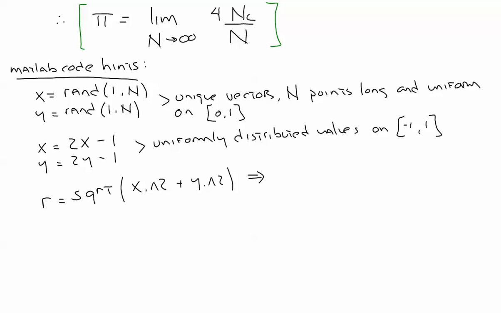Now I have n radius values, or let's call it radial impact points. Okay. And then I can do some simple MATLAB code. Let me jump to the next page.